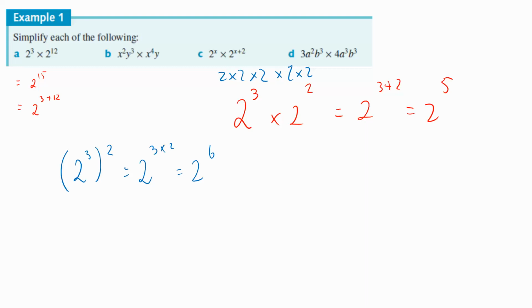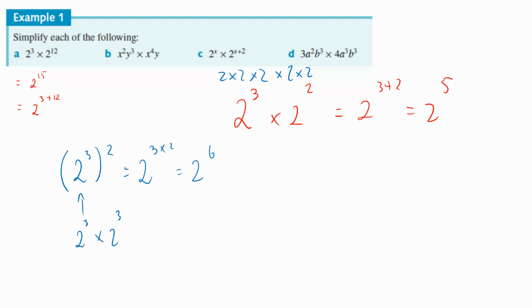Remember, if I didn't put a 2 cubed here, if I gave you 3 squared, what would you have said to me? You would have said, 3 squared means 3 times 3. So if you write 2 cubed squared, this is actually what it means: 2 cubed times 2 cubed. Agreed? When you say 3 squared, you say 3 times 3. So if I said 2 cubed squared, you would say 2 cubed times 2 cubed.